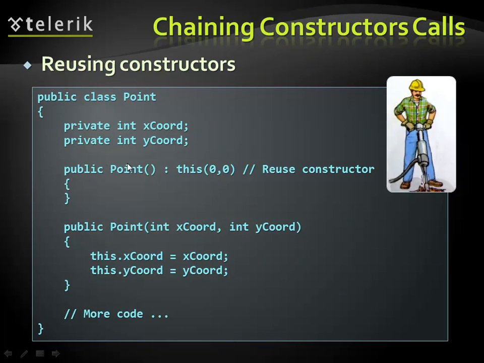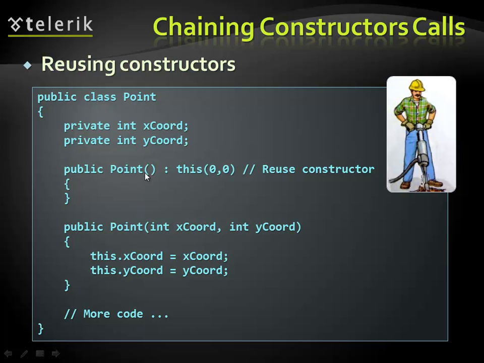If we have two constructors or more like this, again we're at the point with the two integers. We'll look first at the one with the arguments that gets two values here, and instead of creating another constructor here and resetting the same values again, we can call the other constructor and make it call with specific values.